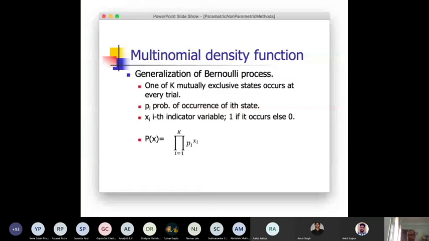Here, k mutually exclusive variables, right? Actually k variables, so a k-dimensional quantity. In the Bernoulli case, x is actually a two-dimensional quantity in that sense, but we did not really consider it. It's an implicit representation. But here we are considering it explicitly.